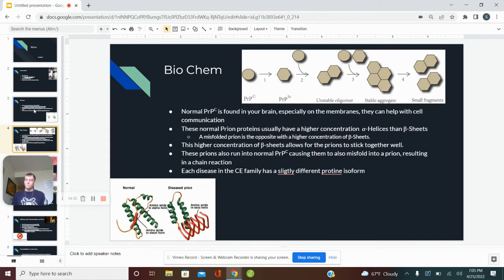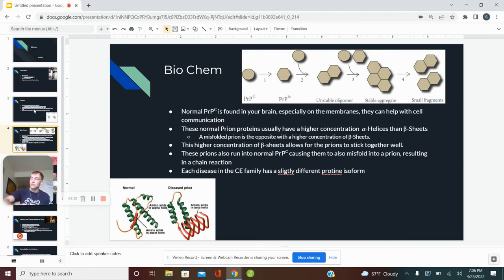And what happens is these prions, these PrPSc, will run into one of your normal proteins, and it'll cause it to misfold as well. I believe it has something to do with the beta sheets sticking to one another, and it kind of causes that normal protein to unravel a little bit. And then they just get caught up together, and they make these big chunks. They make these big aggregates, and that causes problems in your cell.